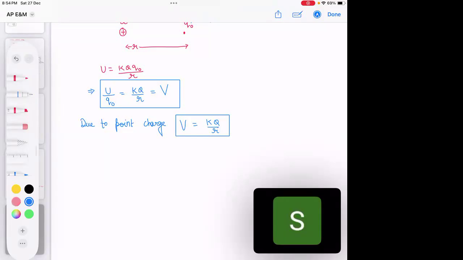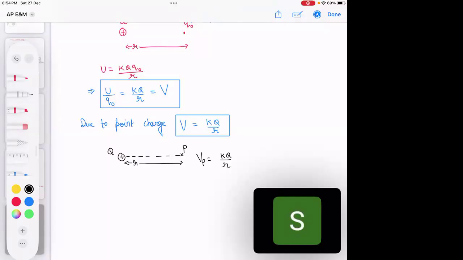Understood? If this positive charge is q and I want to calculate at a distance r, at this point P, what will be the potential at point P? It will be K Q by R.